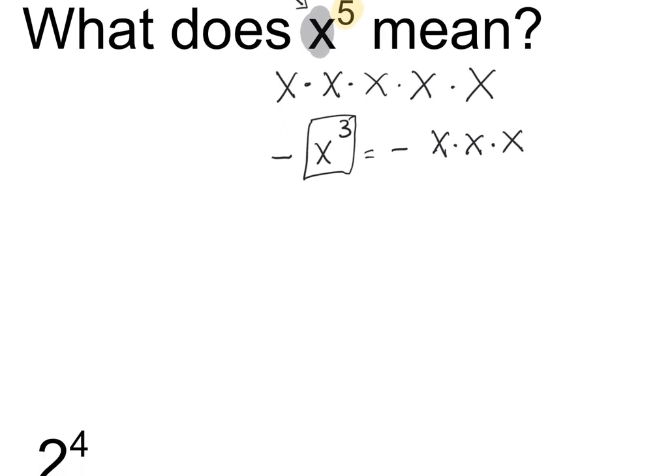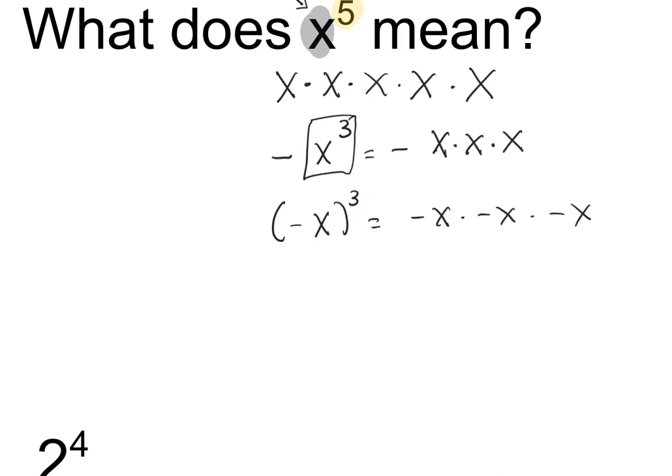Now it differs if I write it like this. If I put negative x in parentheses to the 3rd, because that negative is inside the parentheses along with the x, it's part of the base. There's 2 ways to consider it. If we're just expanding it, I could rewrite this as negative x times negative x times negative x.